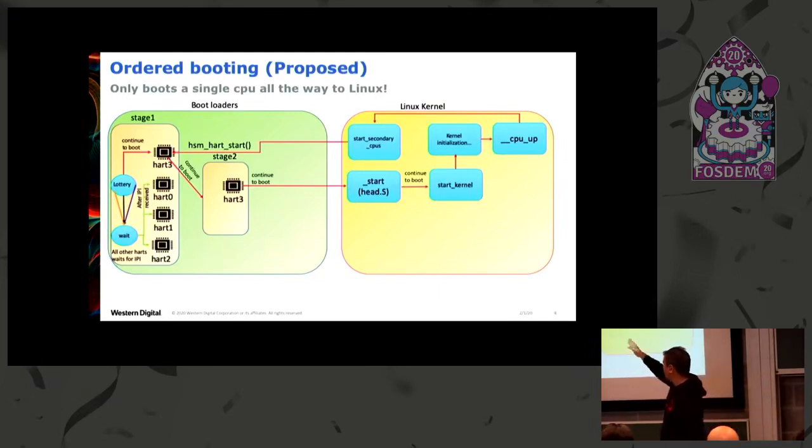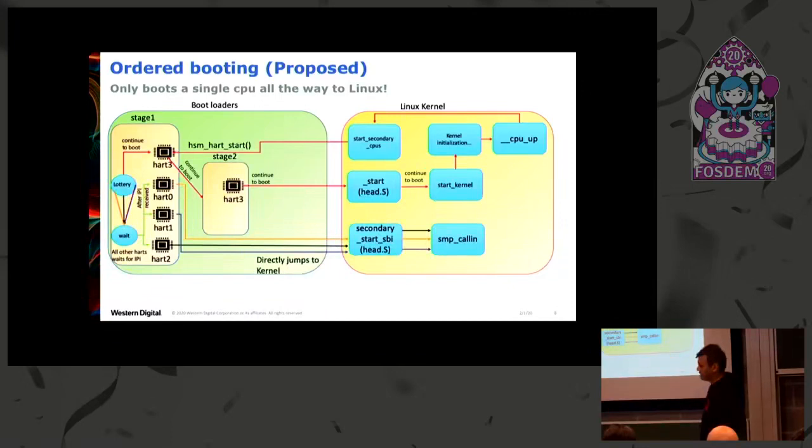All these middle stages are no longer resident in the code, so we do not have to modify anything related to SMP in those stages. All the other harts know where to jump to in Linux, so they directly jump and start running Linux. That's the advantage of ordered booting, and that's how it works.